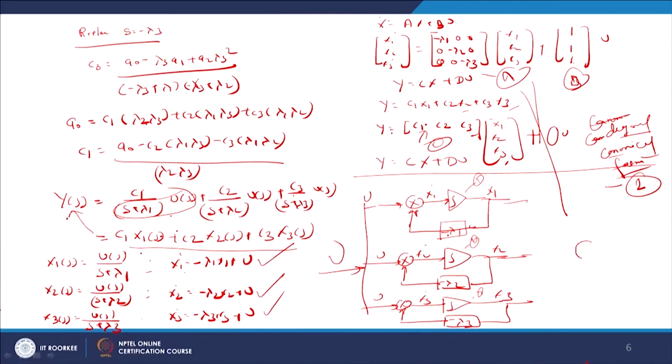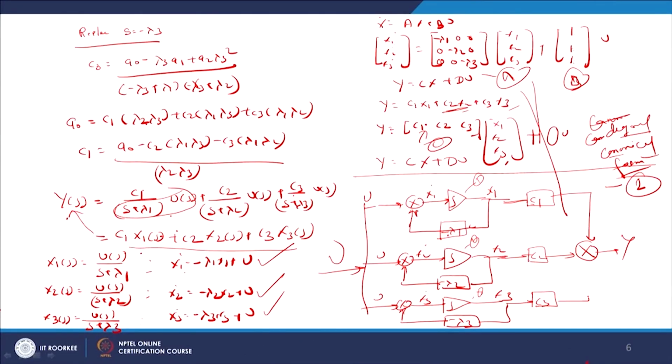I have shown one summing block, and here y equals c1 x1. So here I take x1 with c1, and this is y. Similarly, this is c2 x2, and lastly we have c3 into x3.